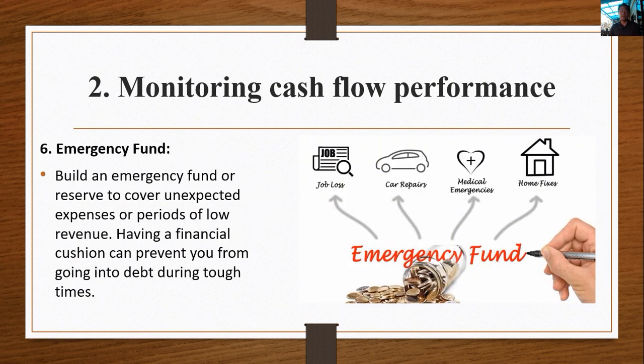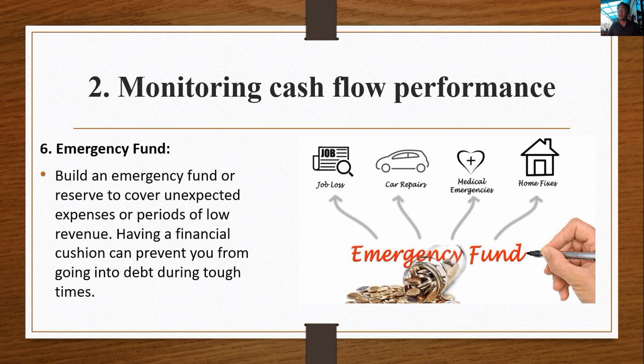Next, class, is emergency fund. Emergency fund is a fund or a reserve to cover what we call unexpected expenses or periods of low revenue. So in business, especially in agribusiness, we're dealing with seasonality in agricultural commodities and agricultural products.